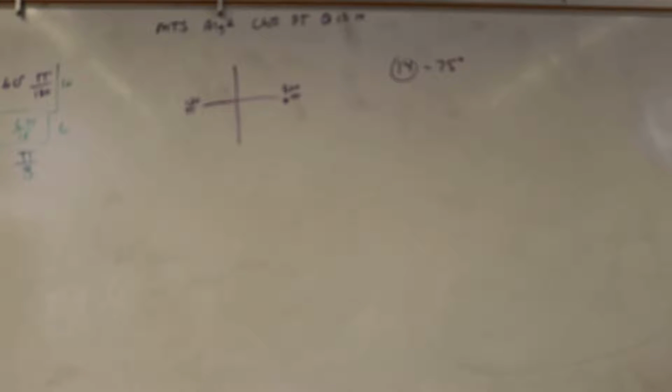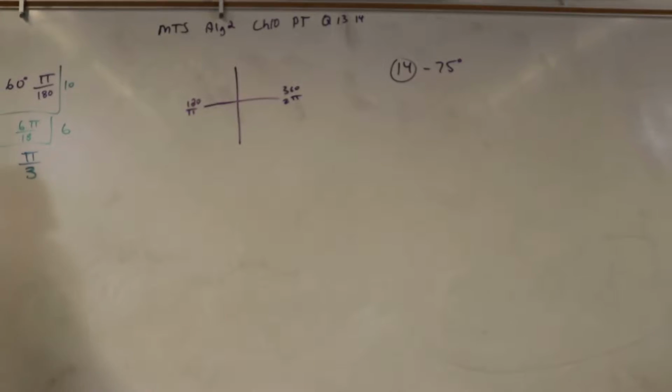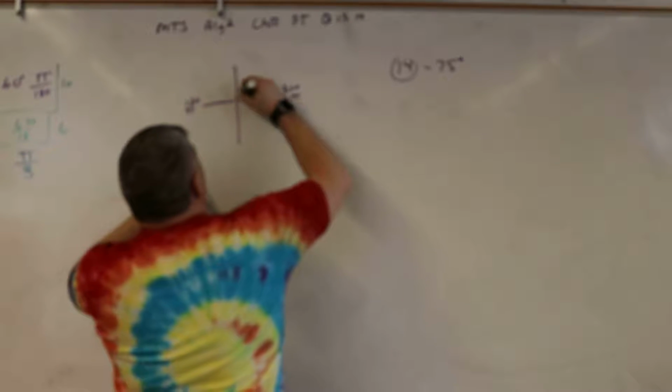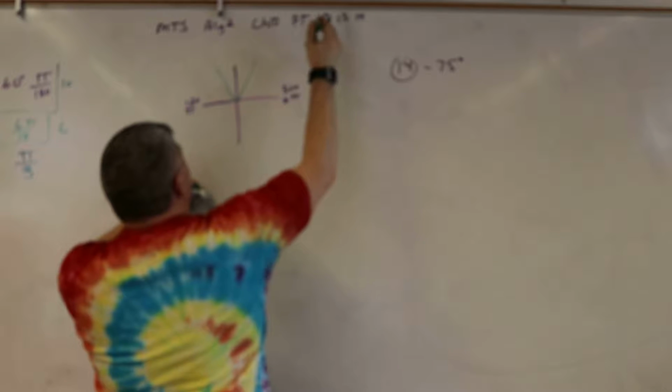is your answer. Now what if I asked you to draw that? How could you draw pi over 3? It's crazy talk, right? Now the thing that they're having you do is they're breaking pi up into 3 pieces. So think about this. That means that this is going to be 3 pieces.